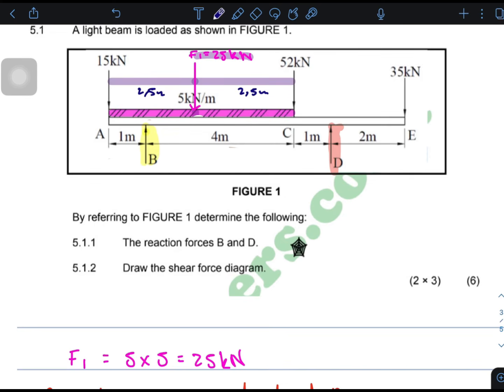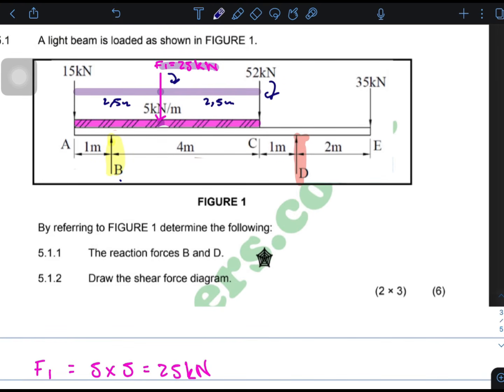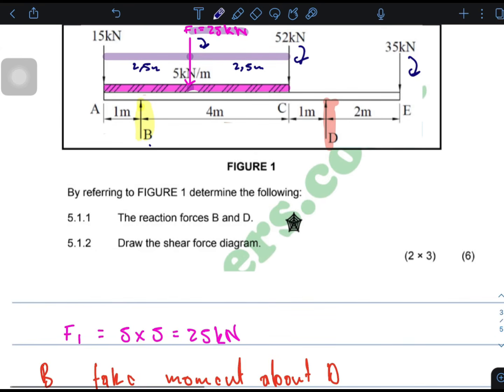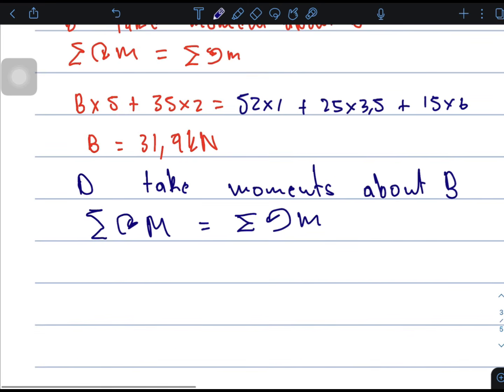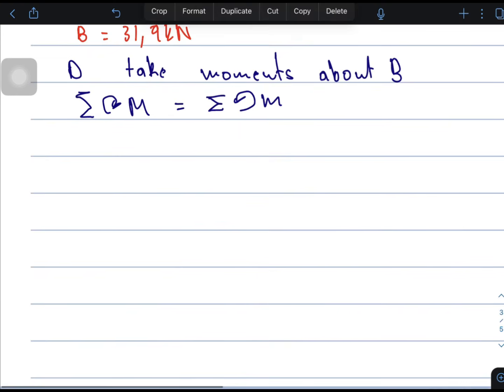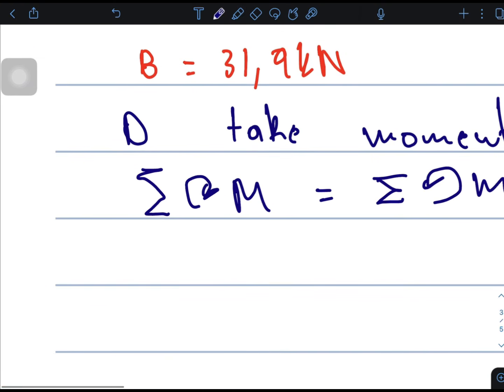As I can see, the uniformly distributed load is turning this beam clockwise if B is my turning point. The 52 kilonewton is turning this beam clockwise if B is my turning point. Then the 35 kilonewton force is turning this beam clockwise if B is my turning point. I always start with the force that is closest to the turning point, which is the 25 kilonewton.